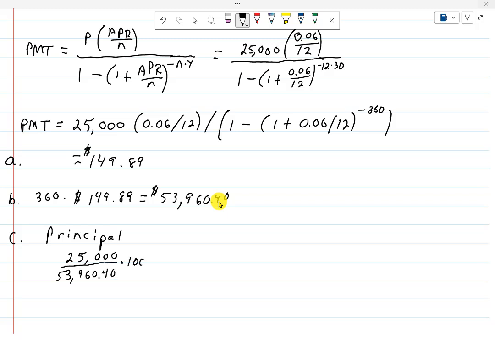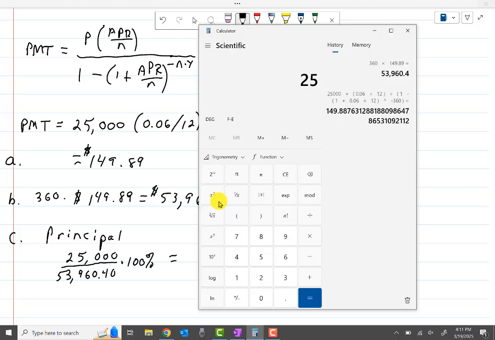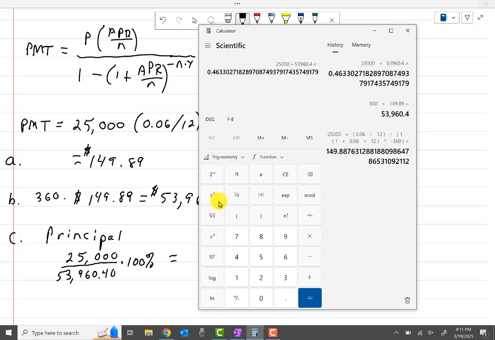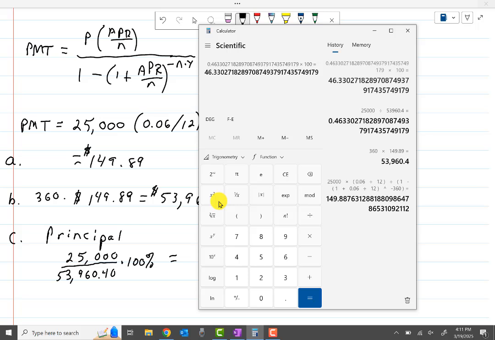I'm going to multiply that by 100, and this number will tell us the percent that we spent paying the actual loan. So I have 25,000 divided by 53,960.40. Enter, and I'll multiply by 100. It looks like 46.3%.